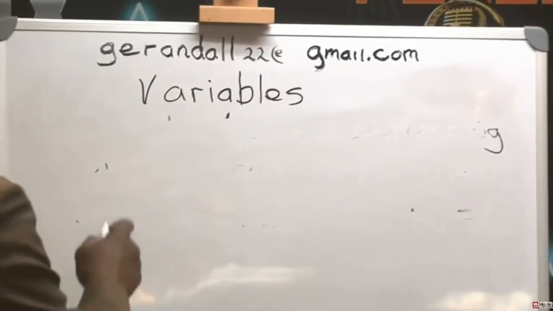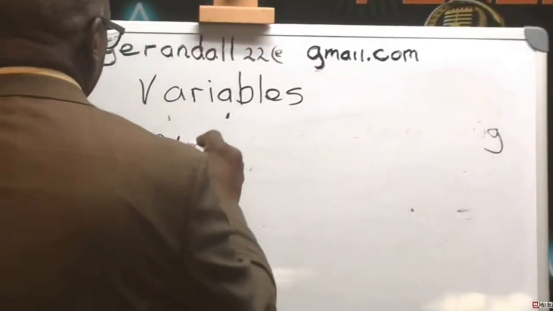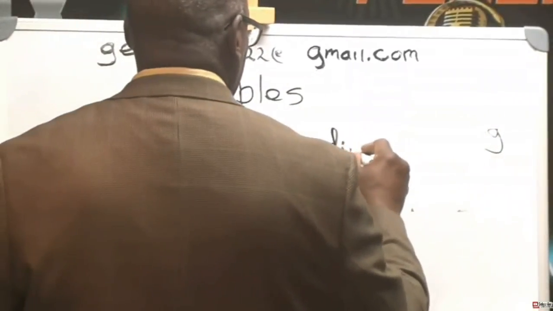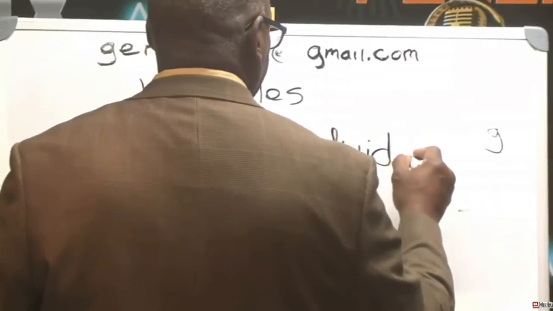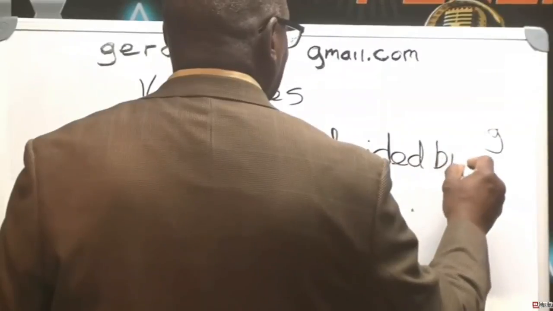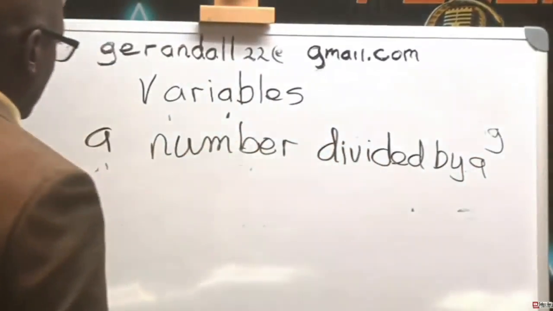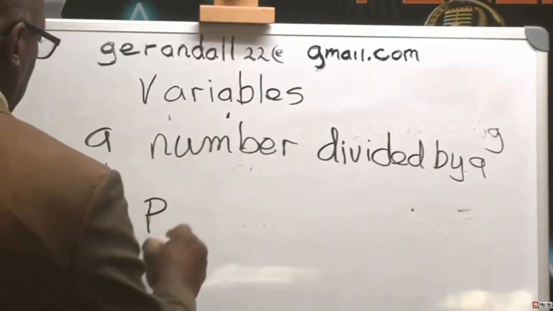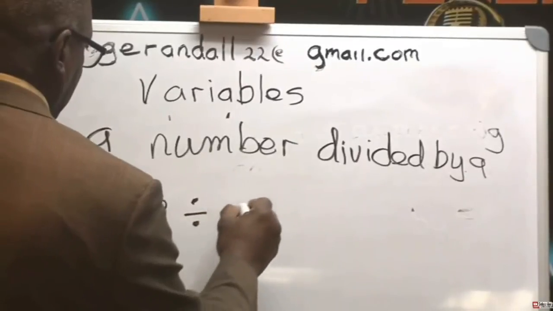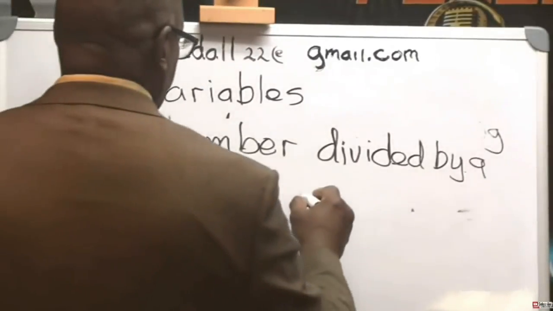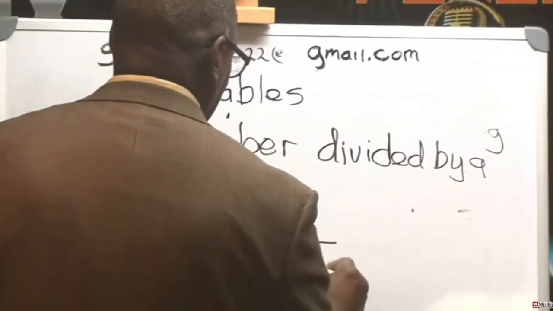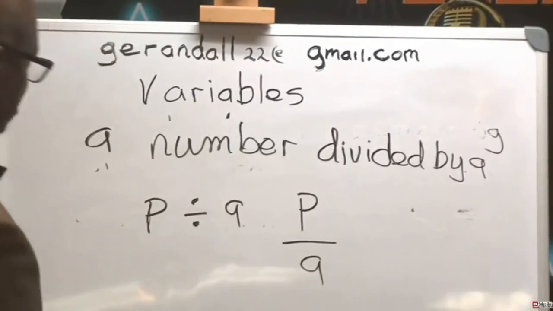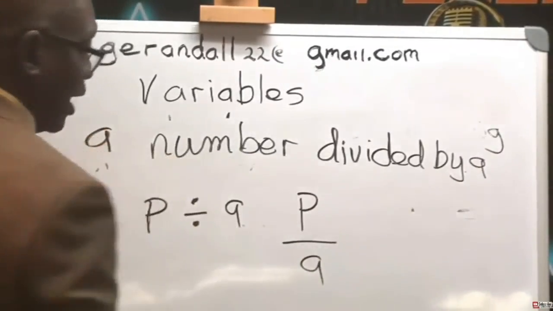And again, if I write out a number divided by 9, and again, P. You can either do this or P divided by 9. Much easier than writing that out.